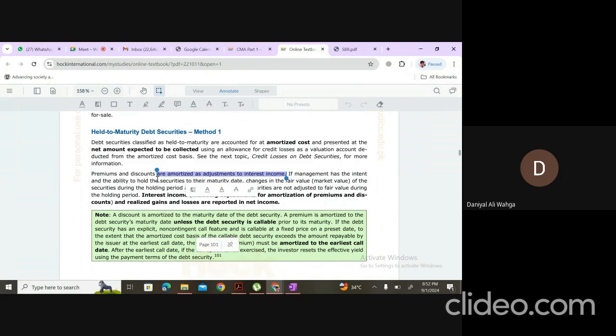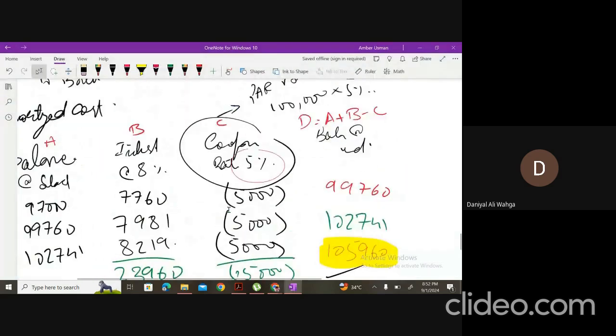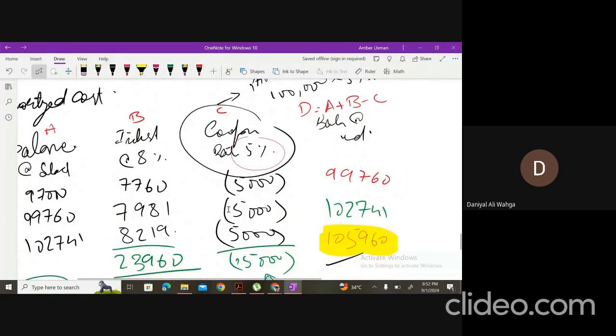Premiums and discounts are amortized as adjustments to interest income. If we had not done this question, you would definitely not be able to understand what I'm trying to say here.